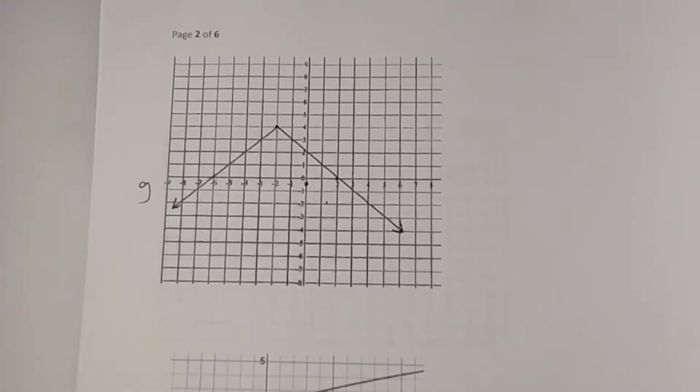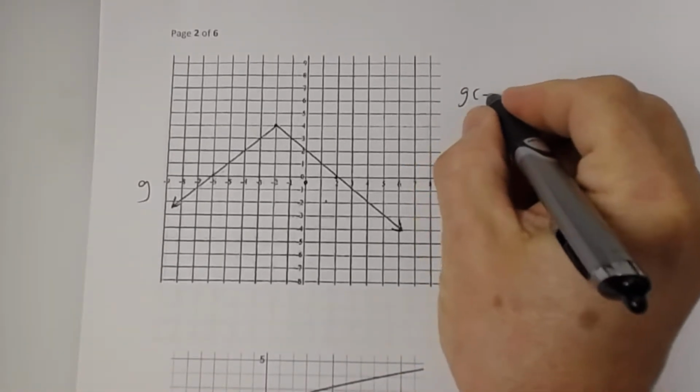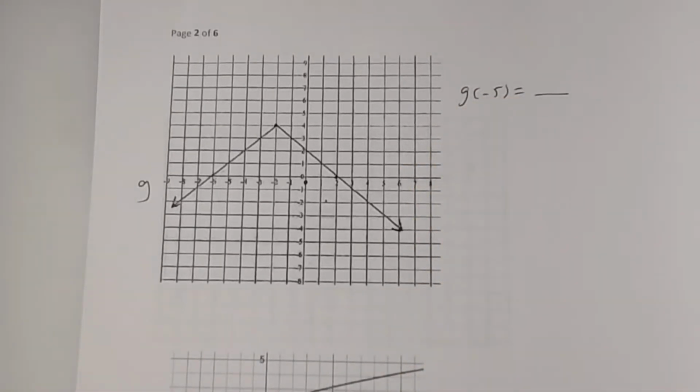So let's suppose I want to know what is g of negative 5. What do you think that's going to equal?